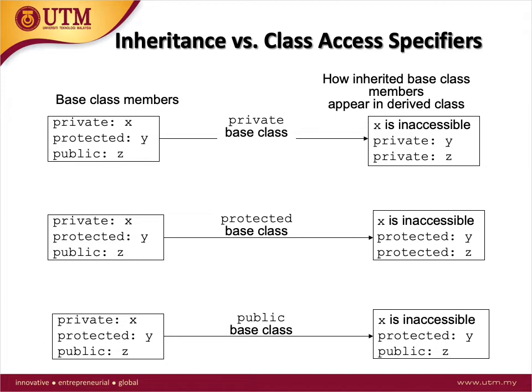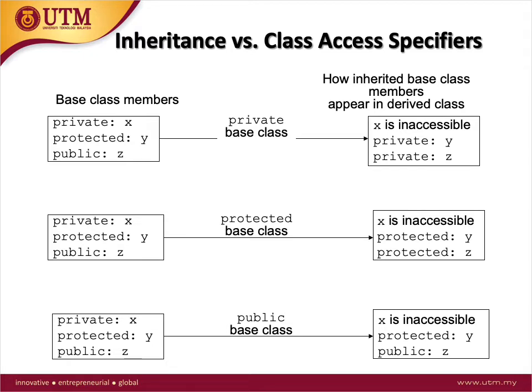Of course, you cannot access the private members in the base class, but for protected inheritance, Y and Z become protected. Even though in your base class Z is mentioned as public, when you use the protected inheritance specifier, both Y and Z become protected.